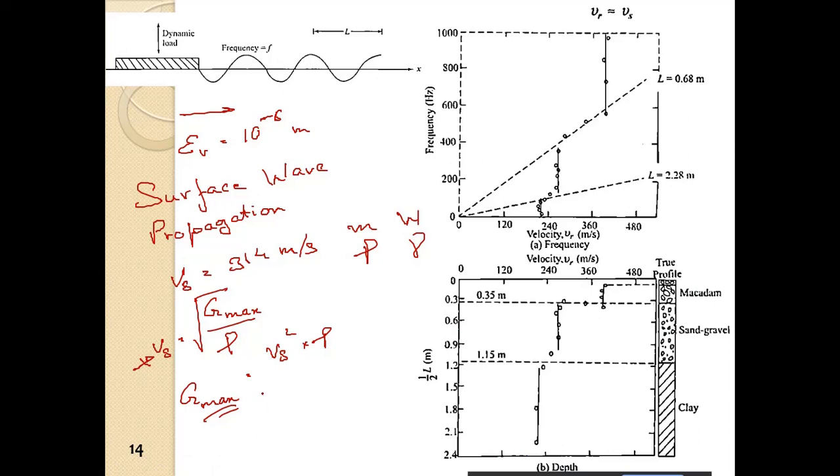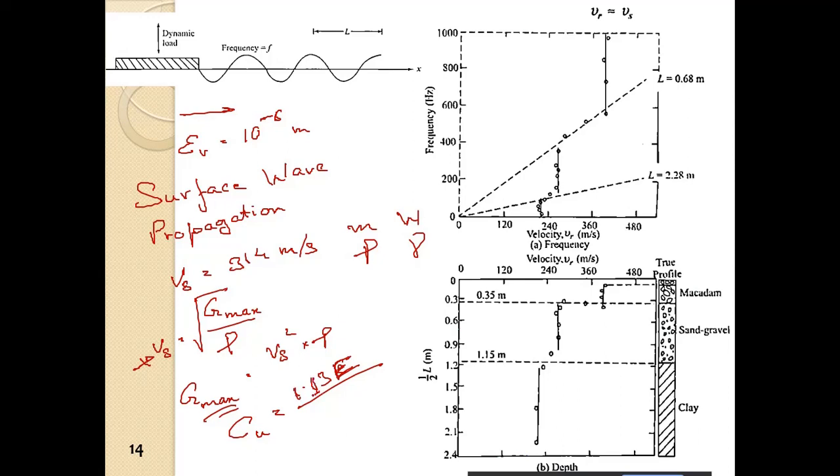Then to find out Cu, it is given as 1.3 by 1 minus mu square, into E, into root over A. We have this formula derived for finding out the elastic coefficients from the block vibration test.